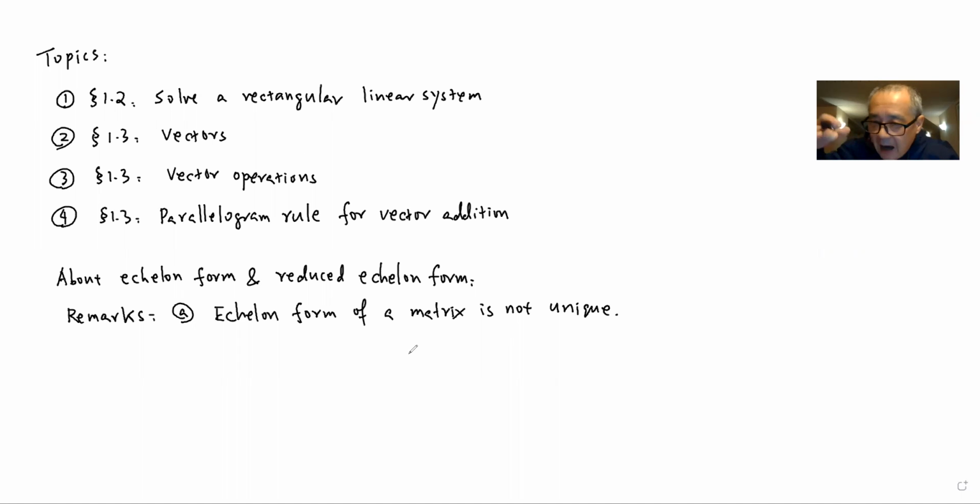The step-like pattern of an epsilon form is unique, but the entries in the epsilon form depend on the operations that you use. The entries may be different for epsilon form. This is remark number one.